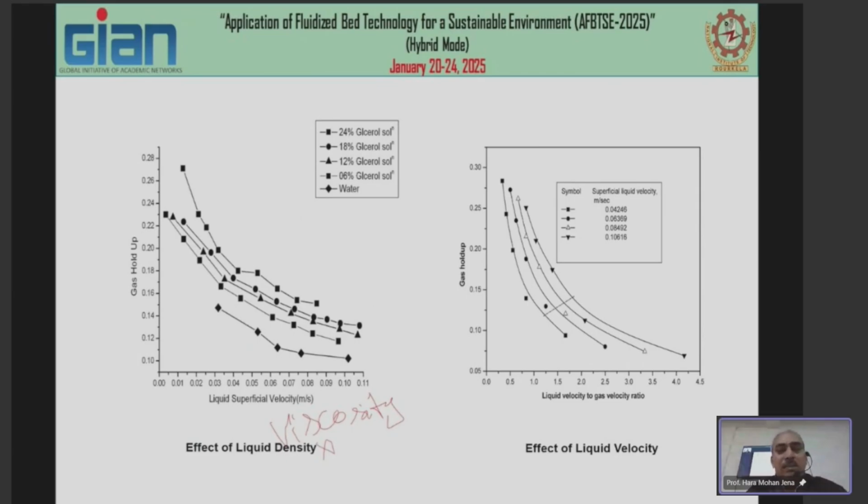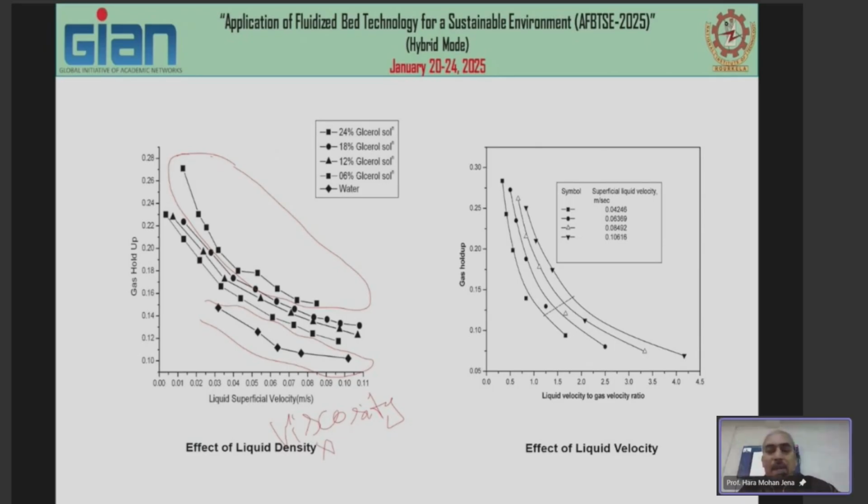As you see, for the water system this is the gas hold up variation with the liquid superficial velocity, whereas for 24% glycerol solution this is the value. That means gas hold up is more for a higher viscosity solution than for a low viscosity liquid.